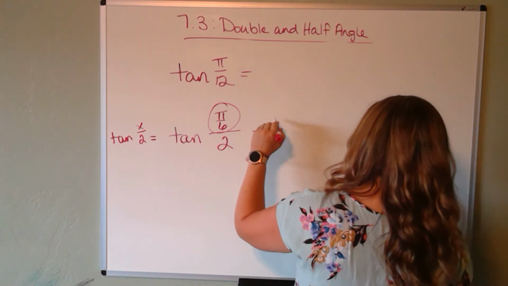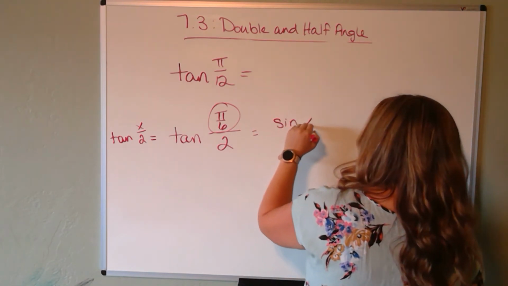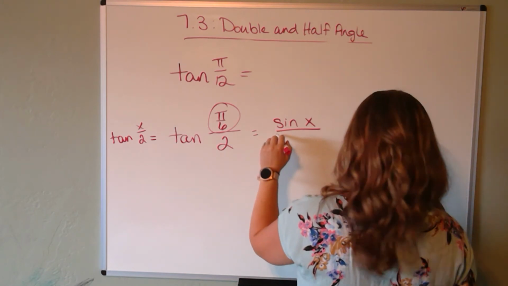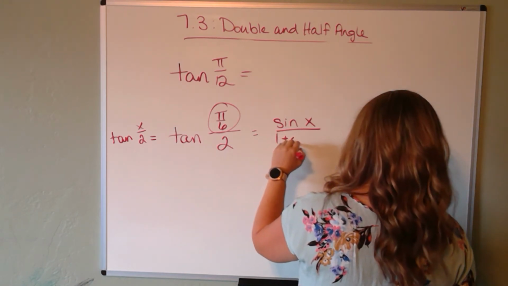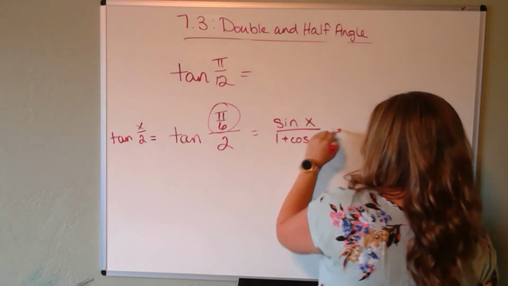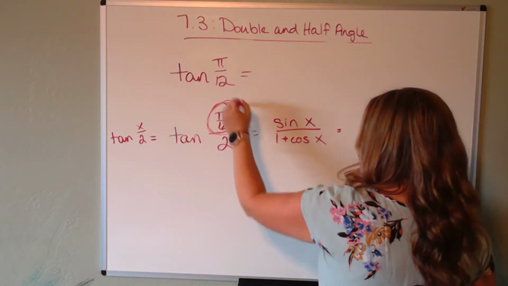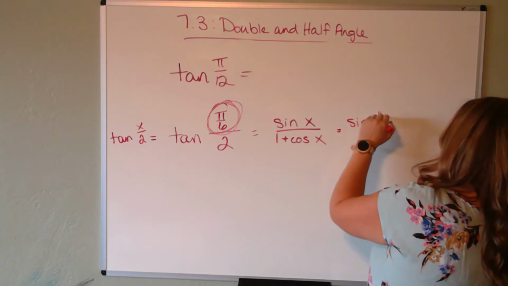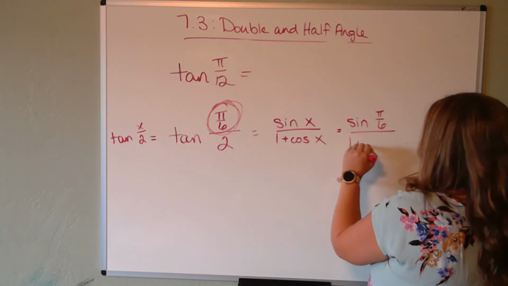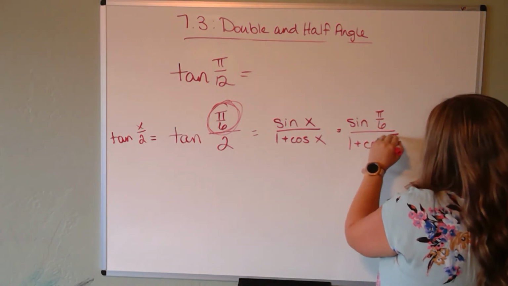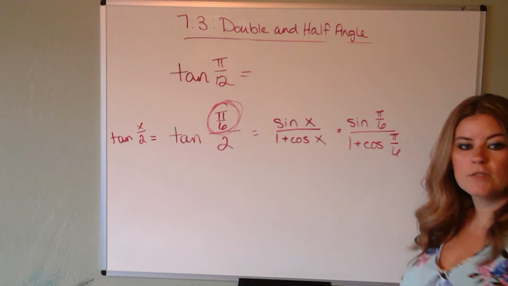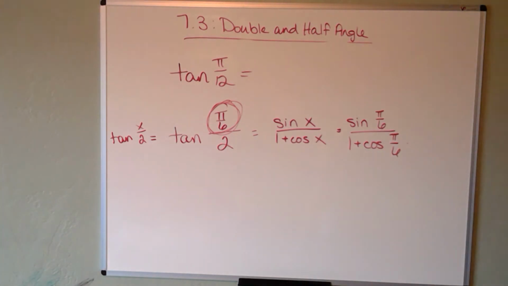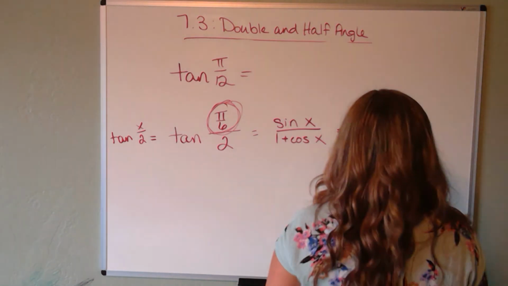Well, I'm going to use the one with sine on top. Remember, it's sine x over 1 plus cosine x. So in my case, because x is pi over 6, I'm looking at sine pi over 6 over 1 plus the cosine of pi over 6. Doesn't look too bad. I do know those angles because they're on my unit circle.